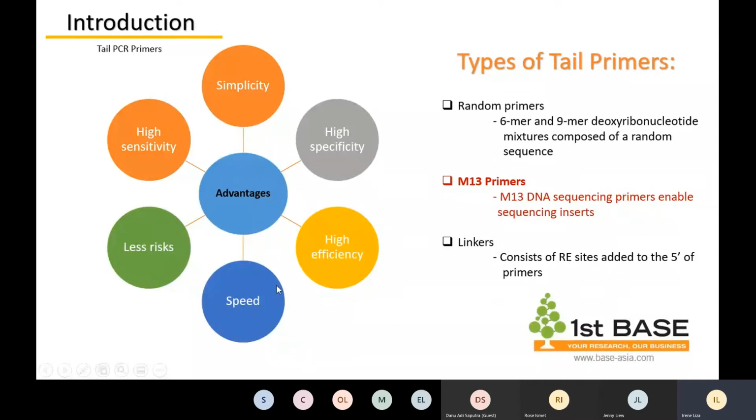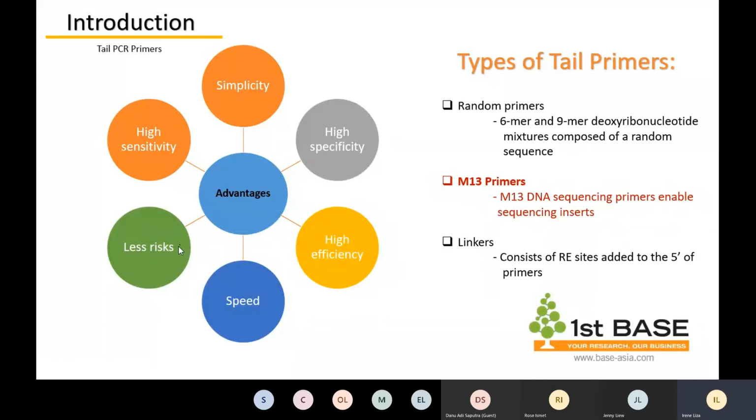Speed. When you have tailing primers, you do not have to work on cloning and transformation. That literally takes you more than a week. So when you're using tailing primers, it shortens the whole workflow itself. Less risk. Cloning usually involves a ligation step.